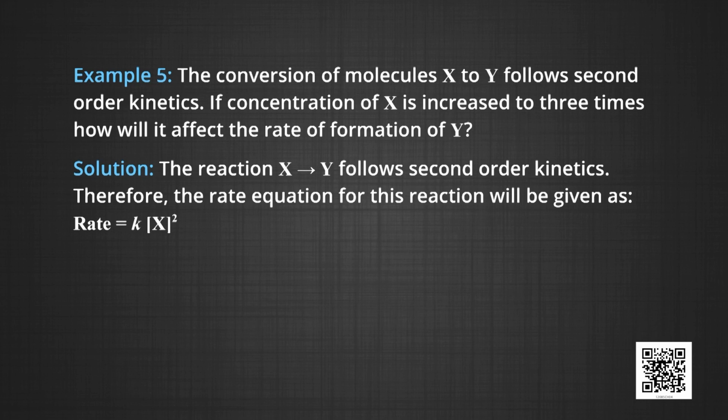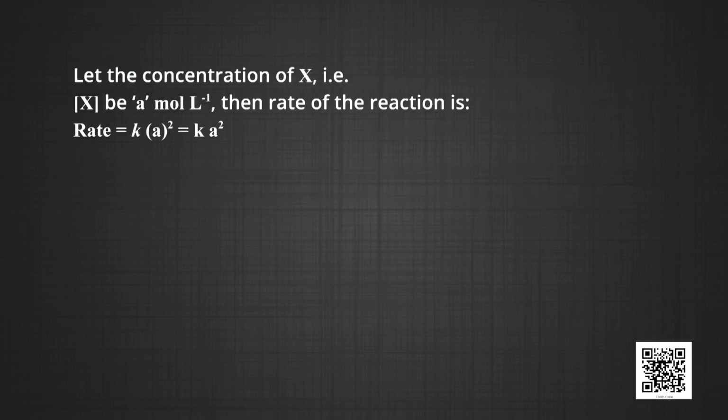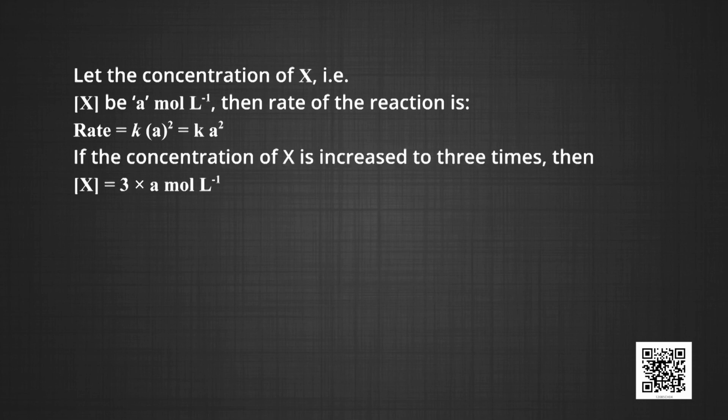to power 2. Now, let the concentration of X, that is molar concentration of X be small a moles per liter. Then the rate of reaction is rate is equals to K small a raised to power 2. So, it will become K a raised to power 2.